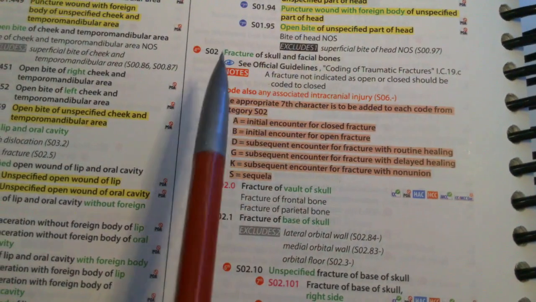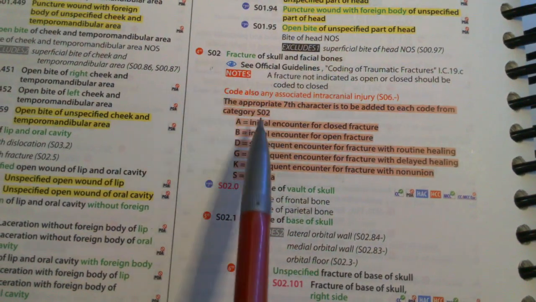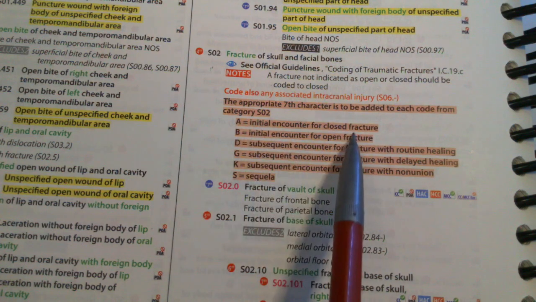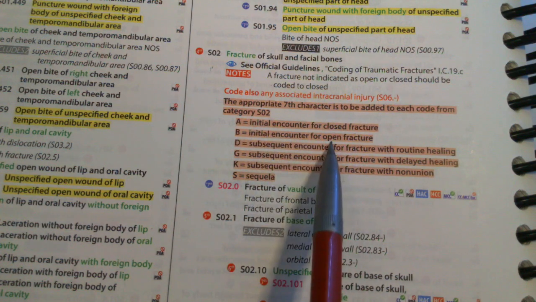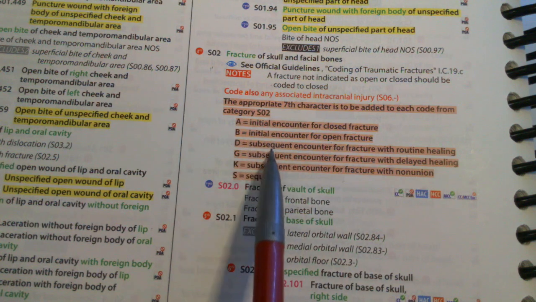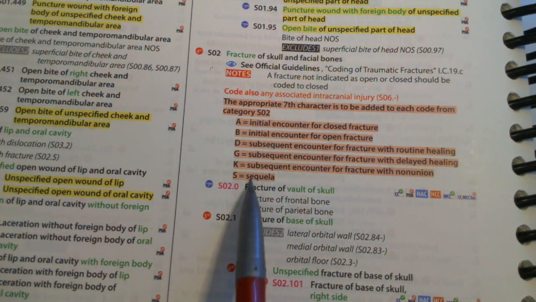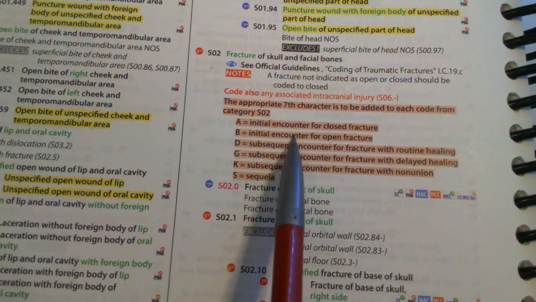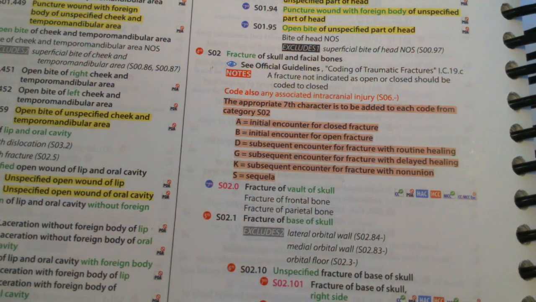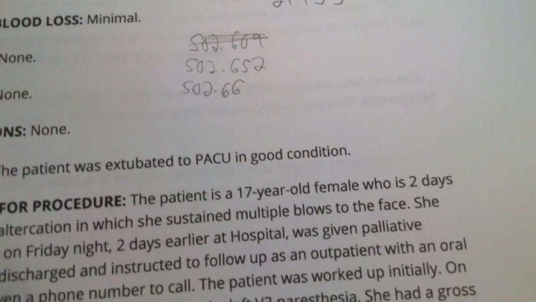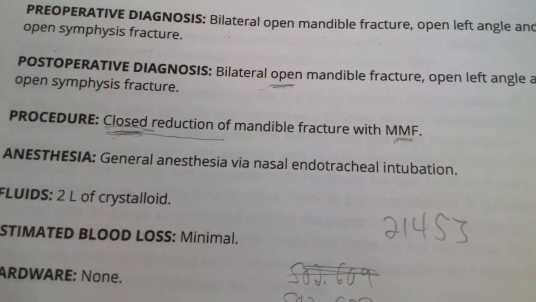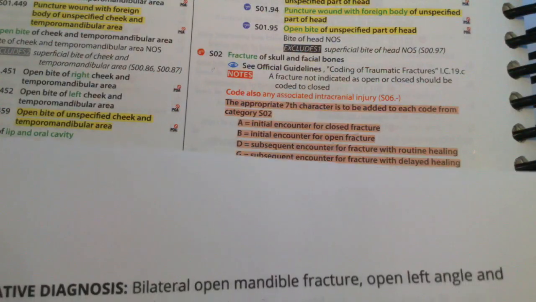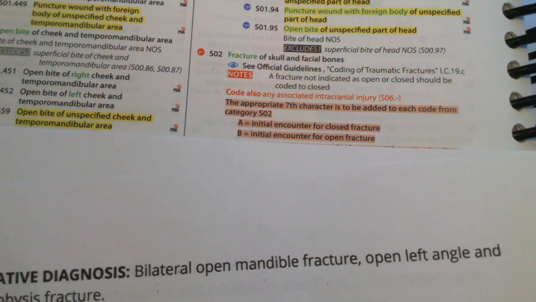So for our S02 category, we need either A for initial closed, B for open initial, and then we have our subsequent encounters and sequela. It wasn't a subsequent encounter or a sequela, so it was an initial encounter for a closed fracture or initial encounter for an open fracture. So we had closed treatment, but this was an open fracture. So if you recall, this is an open fracture.